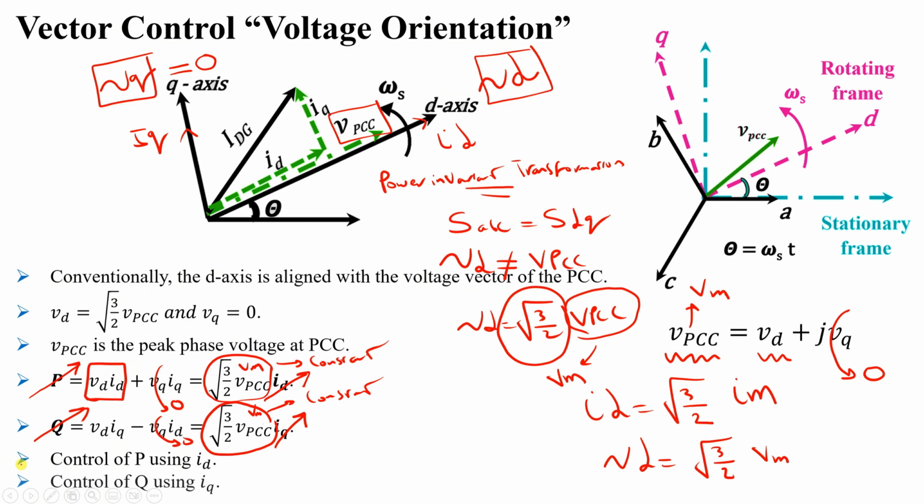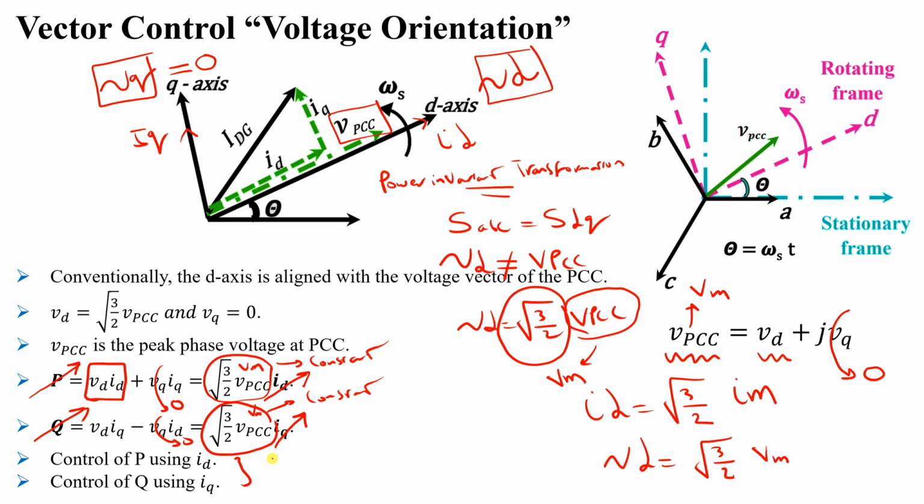So this is what we did: by using the direct axis current, we can control active power, and by controlling IQ, we can control reactive power. This is called decoupling. Instead of controlling both of them at the same time, we are now making them decoupled.